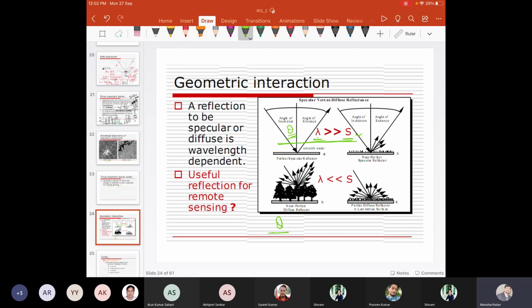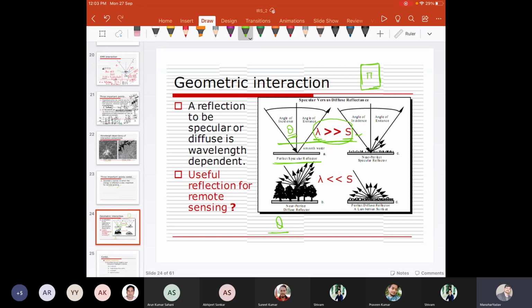Now see the first case. It is a perfect specular reflection. It takes place when wavelength is very large compared to S, the surface roughness. Surface roughness means, just see, this is a grid over here. Within the grid, let's say we are selecting a particular point. How can a point be defined?